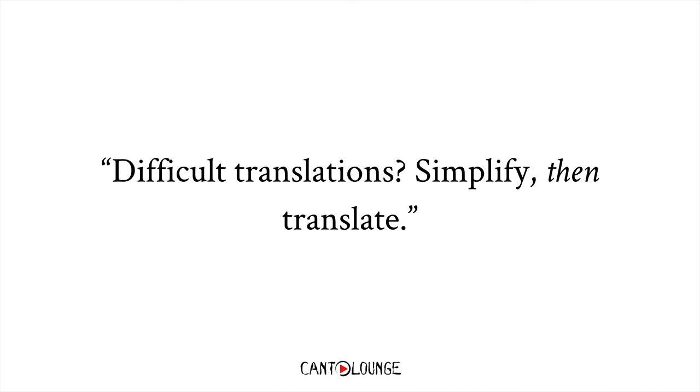Make an easier version of what you want to express, and then you translate. There's no harm in saying something that doesn't sound as native. Your objective is just to get something across along the lines of what you want to express, right? And communication is at the end of the day the most important thing.